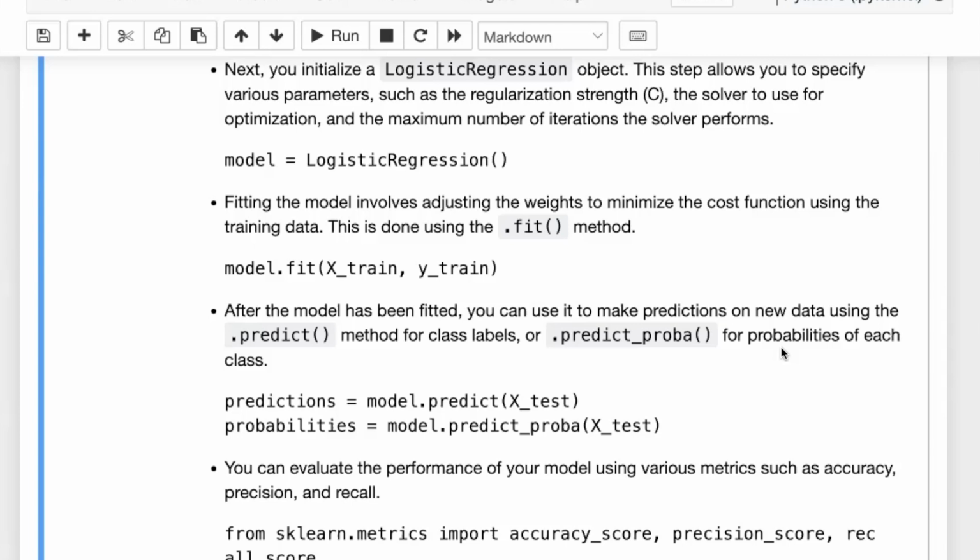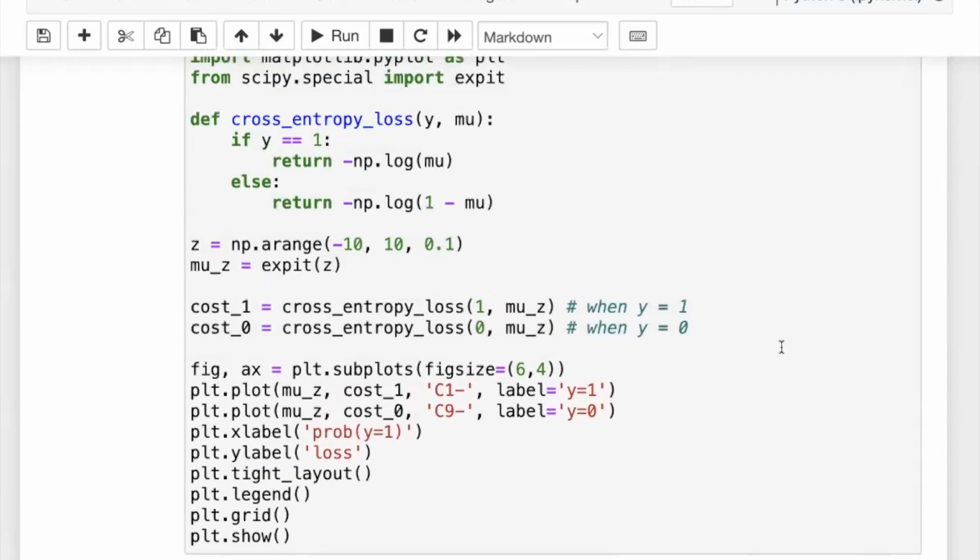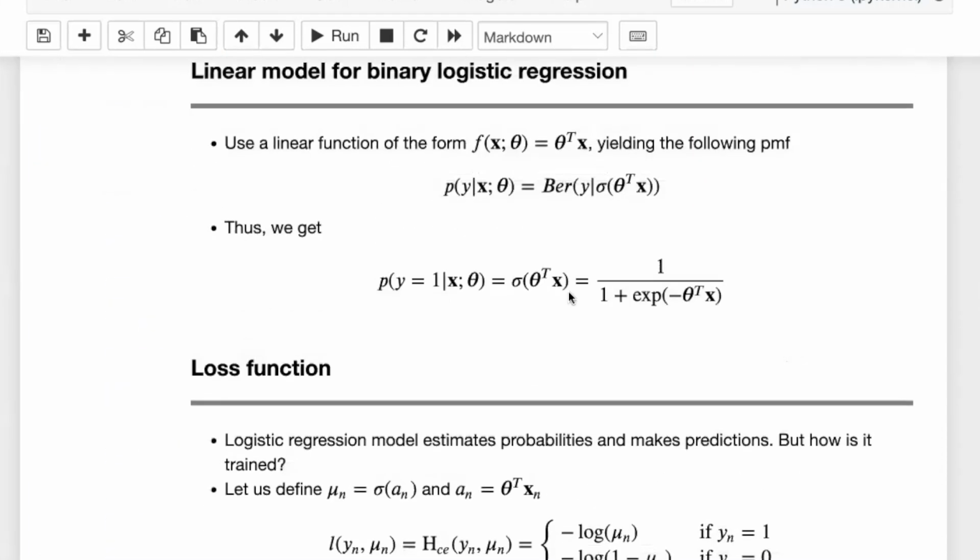Because remember, what logistic regression really does is give you this probability that y equals 1. And this means that you have the right to say that, well, I only assign label 1 to a data point if this probability is above some threshold. So if you don't have any kind of preference, you can put the threshold at 50%, meaning that if it's more than 50%, then I'm going to assign that to class 1.